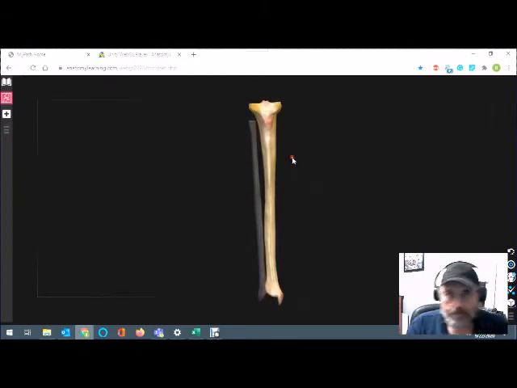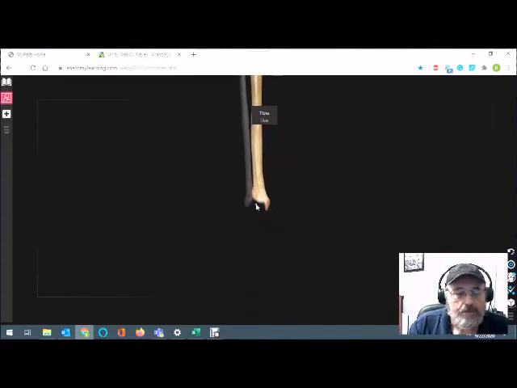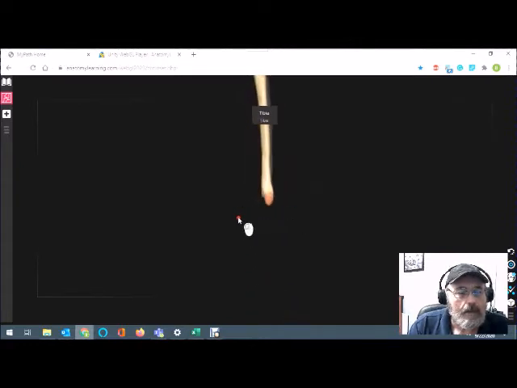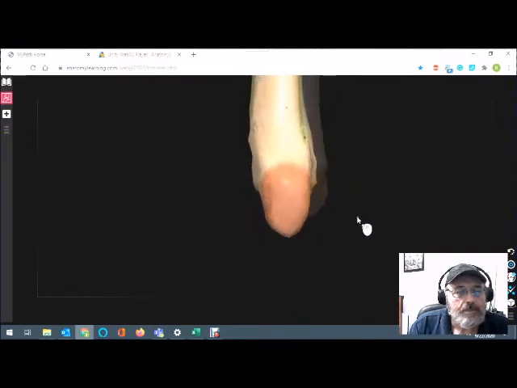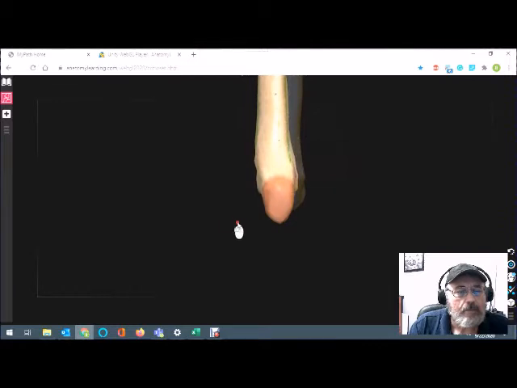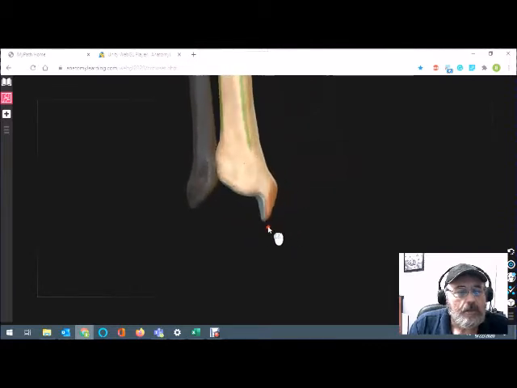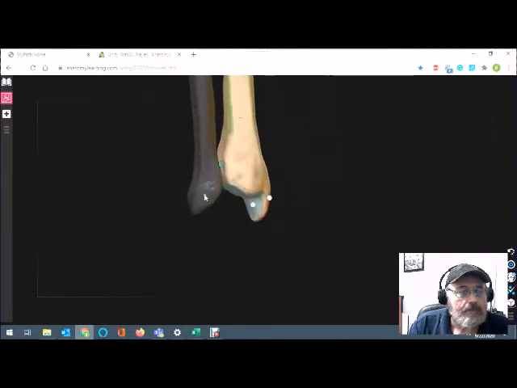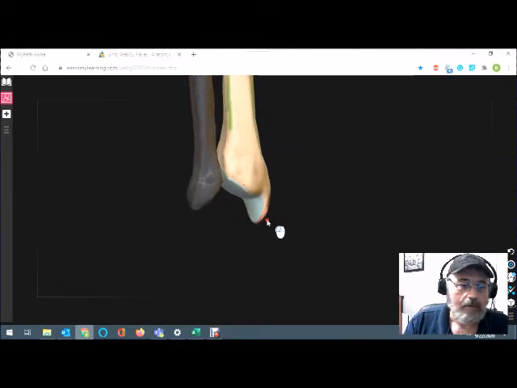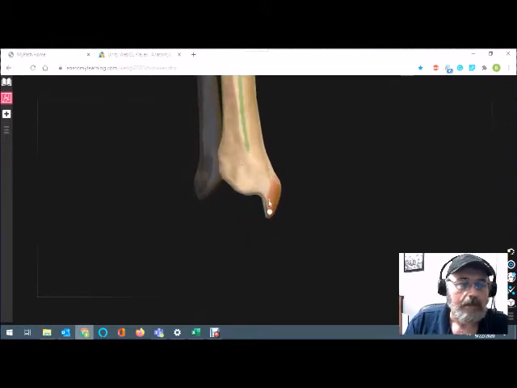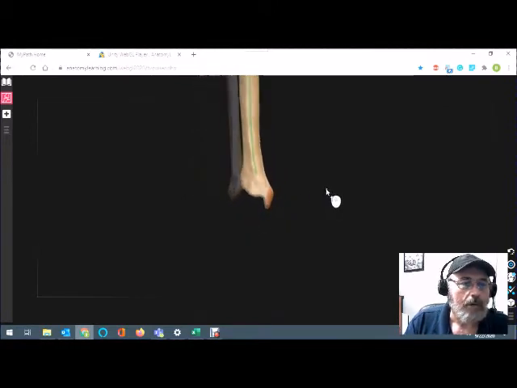And the way you can tell lateral and medial on this is that the malleolus, which is this structure here, is on the medial side. That's the medial malleolus. The fibula actually makes up the lateral malleolus. And these two things together make the inner and outer part of your ankle.